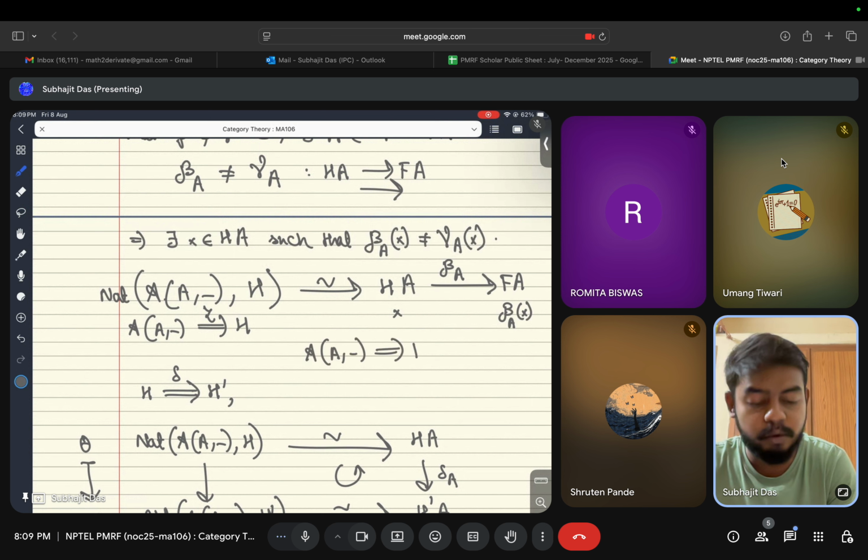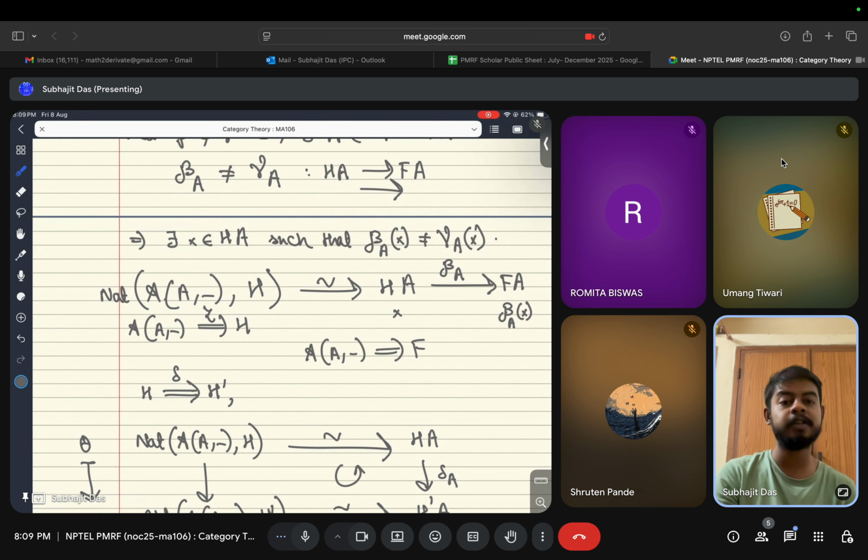From this to F. What natural transformation does beta A x correspond to?